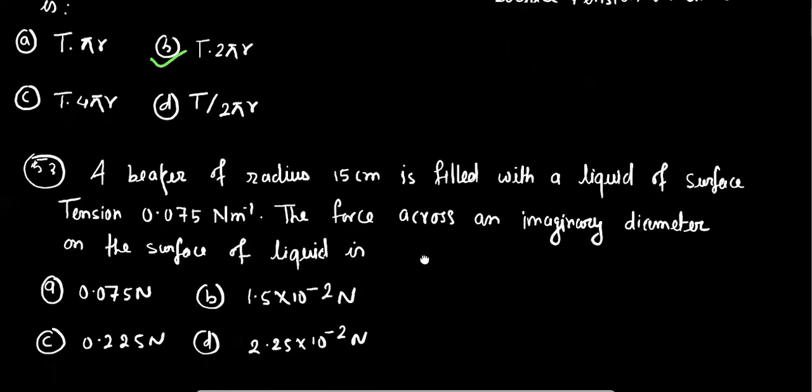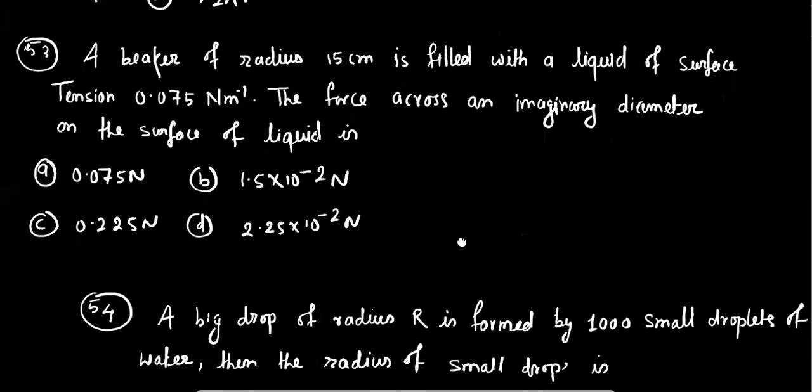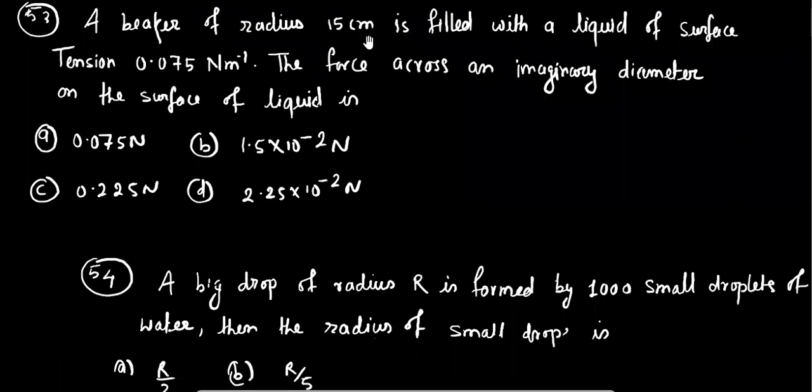Now we are going to discuss question number 53. A beaker of radius 15 centimeter is filled with a liquid of surface tension 0.075. The force across an imaginary diameter of the surface will be. So next we have to use the formula: force is equal to T times diameter, or you can say length, and just put the value of surface tension here, 0.075, and then the diameter. The radius is given, so we can convert it into meter.